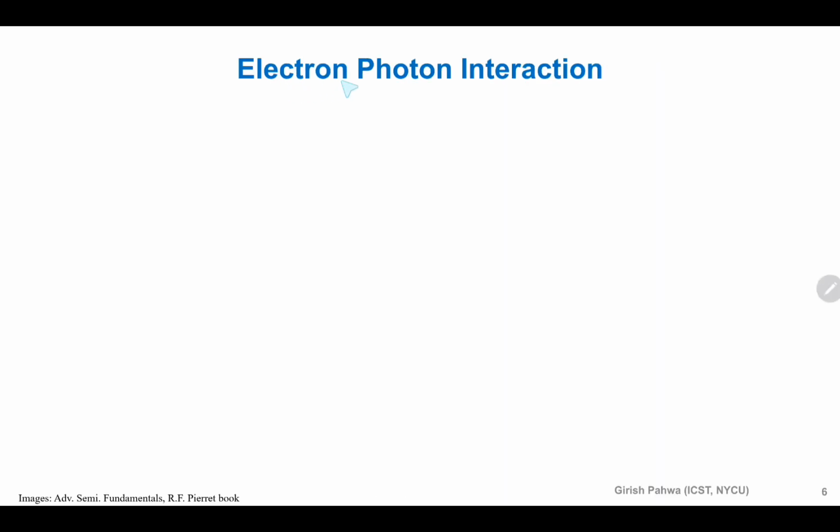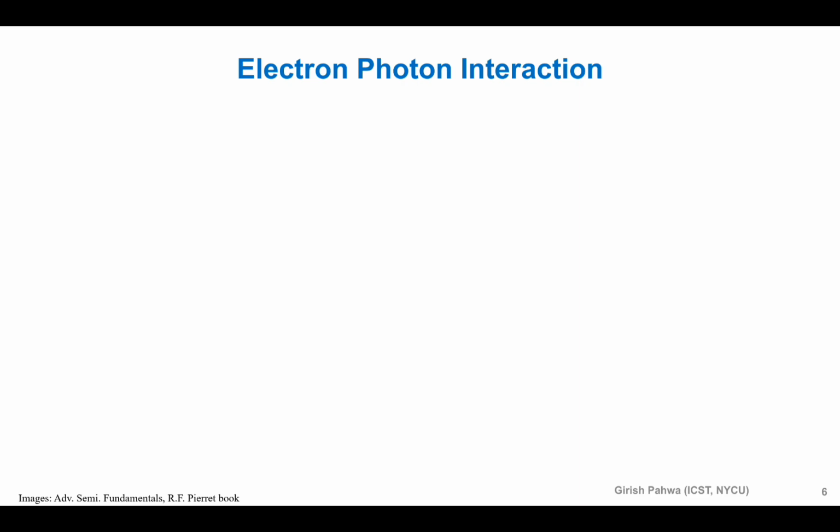Okay, so let's talk about electron and photon interaction. Now a photon is a particle which has zero rest mass. Photon is basically light, the quanta of light. So a photon is a particle with zero rest mass, and it moves with the speed of light, but it carries very little momentum.